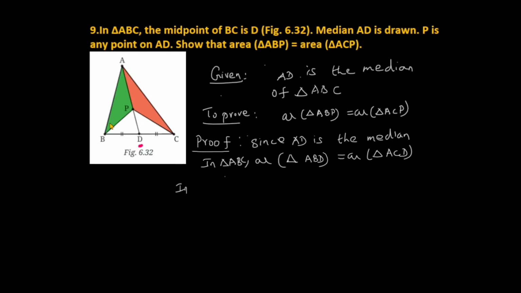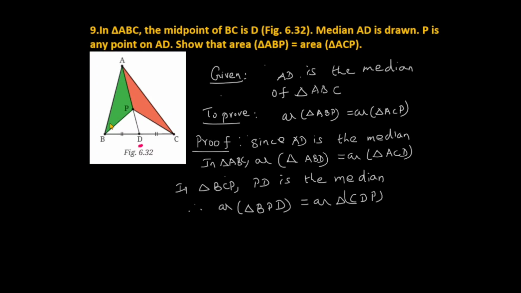Now in triangle BCP also, PD is the median. So we will be having two equal area triangles. Therefore, area of triangle BDP is equal to area of triangle CDP. Consider this the first equation, this the second equation.